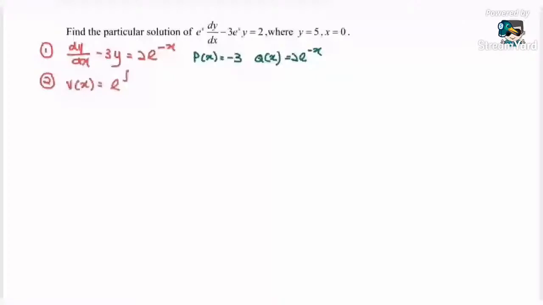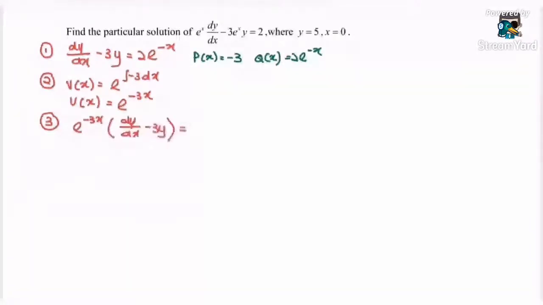Step number 3, multiply both sides with the V(x), and we will have e to the power of negative 3x multiply. Kindly refer to the first step where we have dy/dx minus 3y equals to e^negative 3x multiply with 2e^negative x.